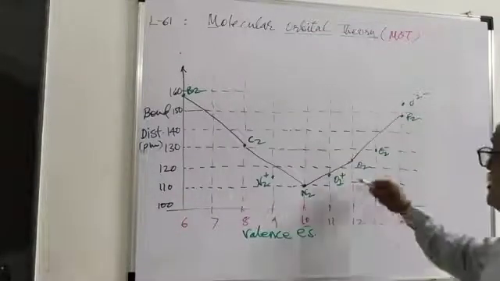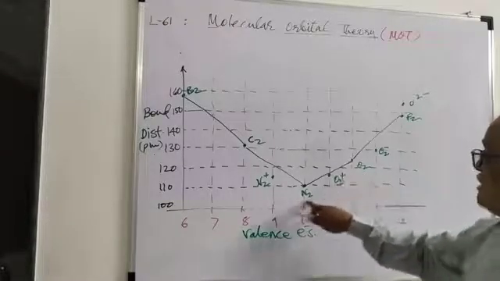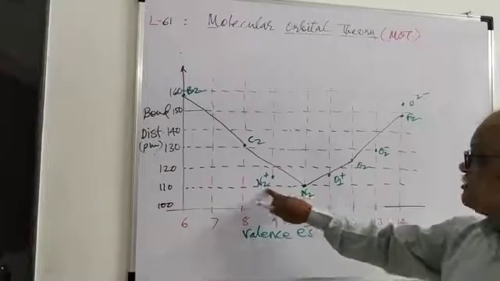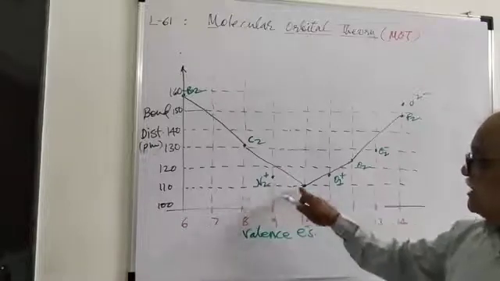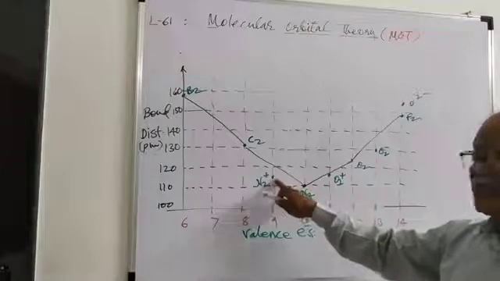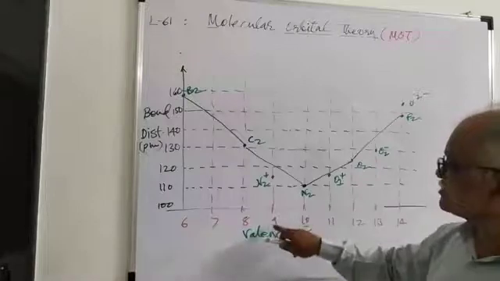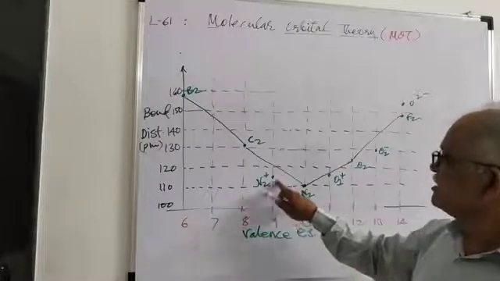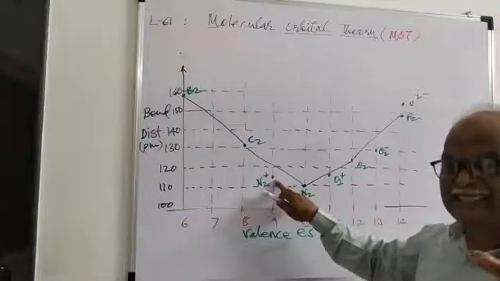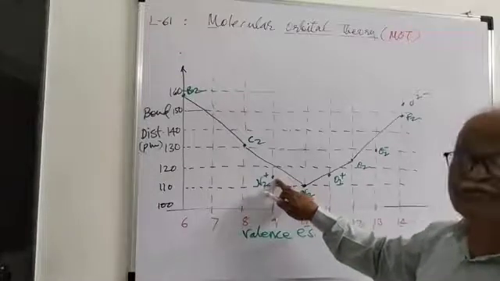In case of oxygen, the bond order is 2. In case of N2, the bond order is 3. But by removing one electron, you will get N2 plus, and the bond order decreases by 0.5. So the number of electrons is 9, and because of the decreasing strength of the bond, the bond distance increases.